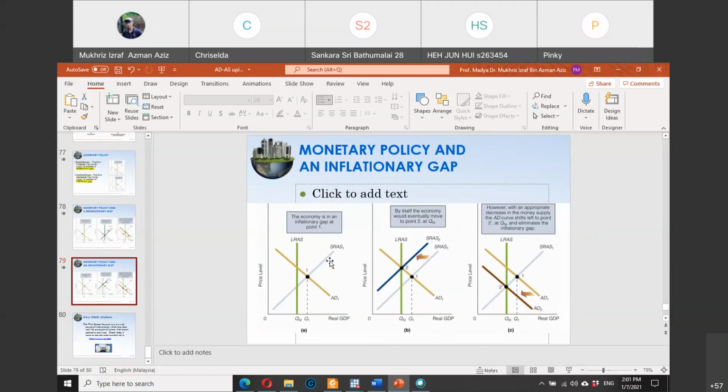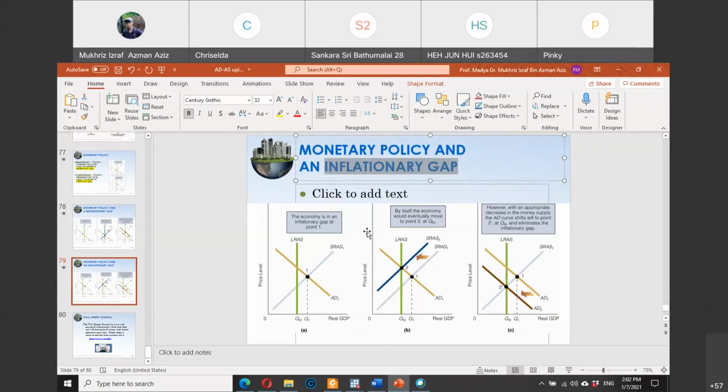So if the government does nothing, the economy will correct itself, but this might take too long, a very slow process. So if the government wants to correct this quickly, by using their own policy. For example, when the economy is facing an inflationary gap, inflation means prices are going up too fast. For example, 1 kilo of chicken jumps from 5 ringgit to 8 ringgit.